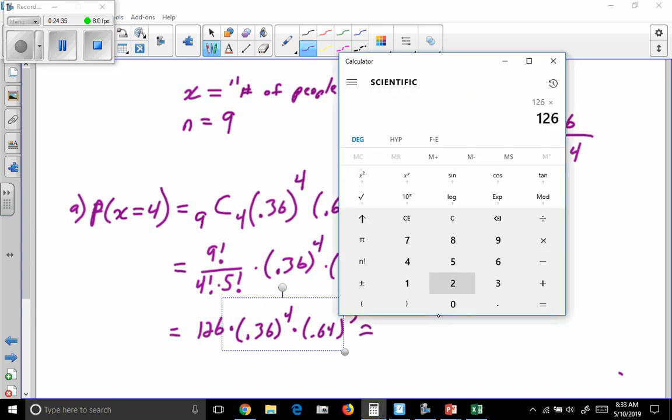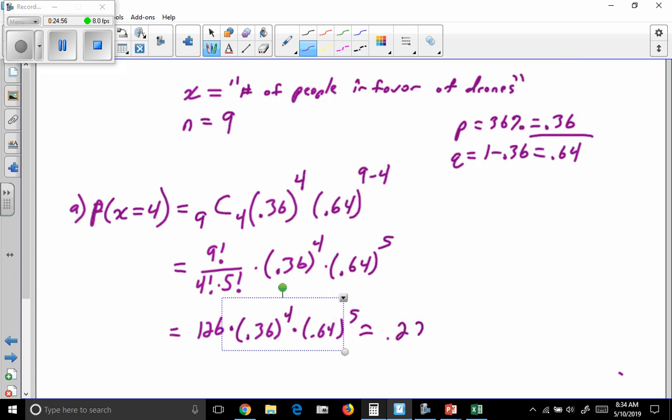So 126 times the result of 0.36 raised to the 4th times the result of 0.64 raised to the 5th. So 0.227. So about a 22 percent chance of getting exactly 4 people to be in favor of drones if we have 9 total.